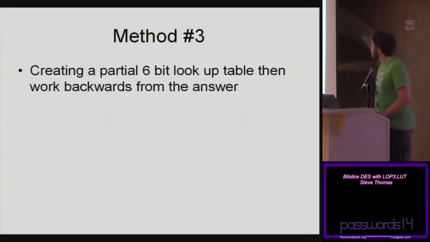Anyway, method 3, which I was going to try but never got around to finishing, is doing a partial 6-bit lookup table. Basically, I would be writing a bunch of data to disk, because this wouldn't fit in RAM. The problem set's just way too big.